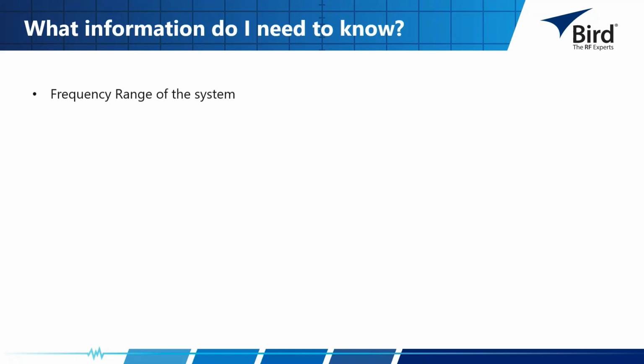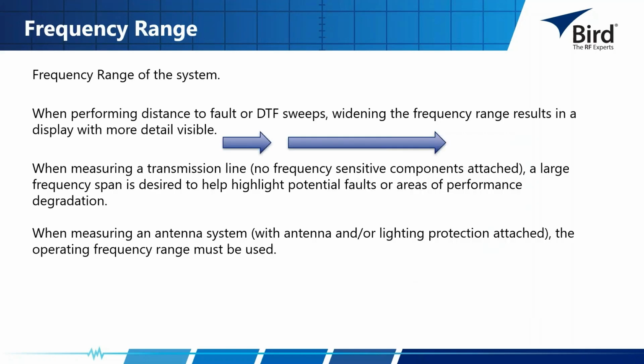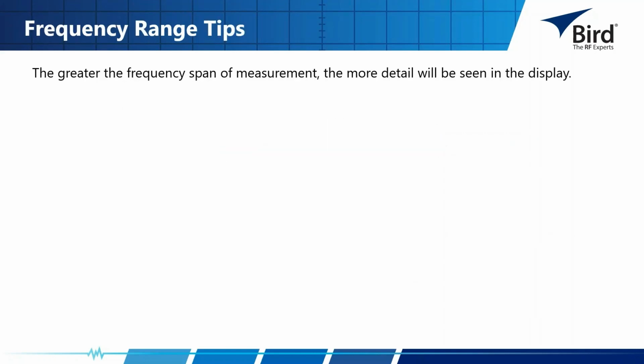When measuring a transmission line with no frequency sensitive components attached, such as an antenna, a large frequency span of measurement, the more detail will be seen in the display.